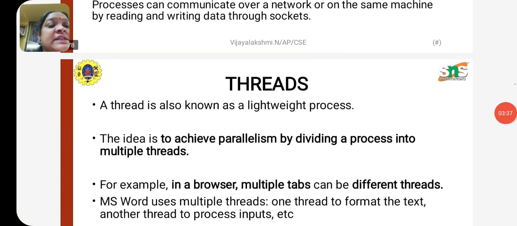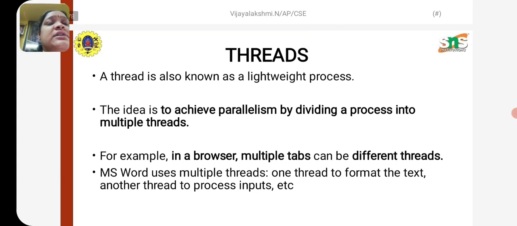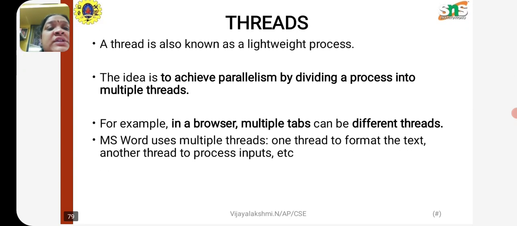Next comes threads. We know the definition of a process. A thread is nothing but a lightweight process, we can say. The idea behind threads is to achieve parallelism by dividing a process into multiple threads.